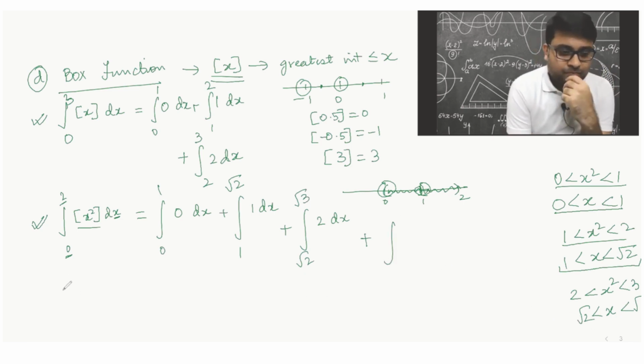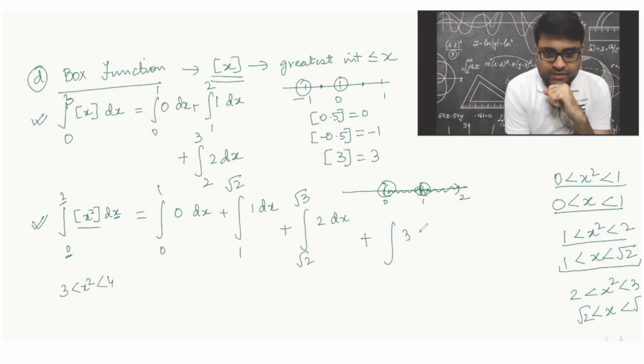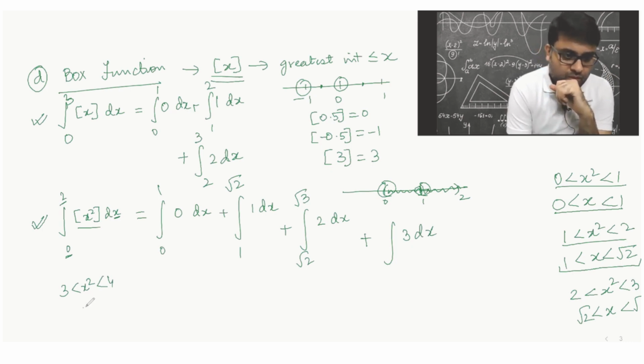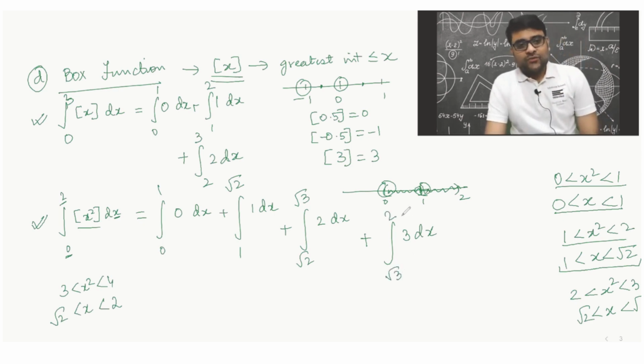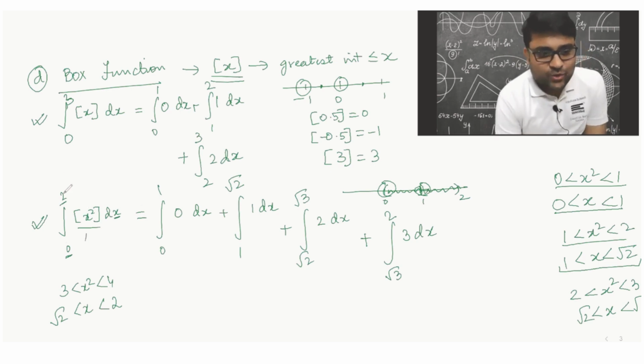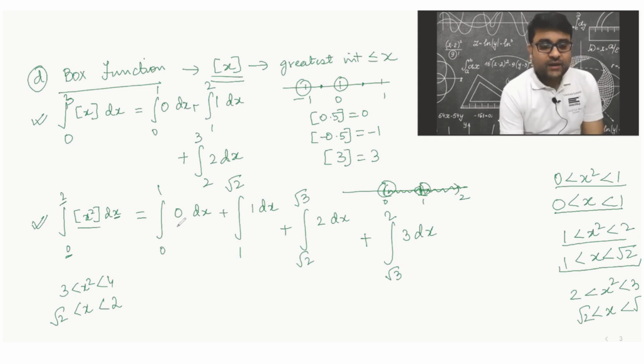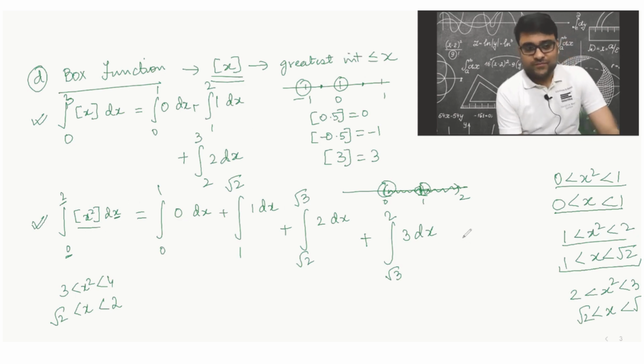Last but not the least, x square lies between 3 to 4, box x takes the value 3, x lies between root 3 to root 4, which is 2. So if I have integration 0 to 2 box x square, I will be able to write it down in this particular fashion.